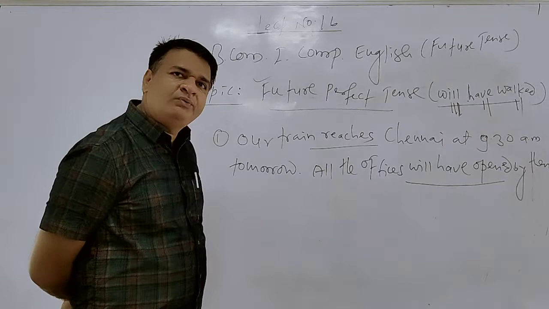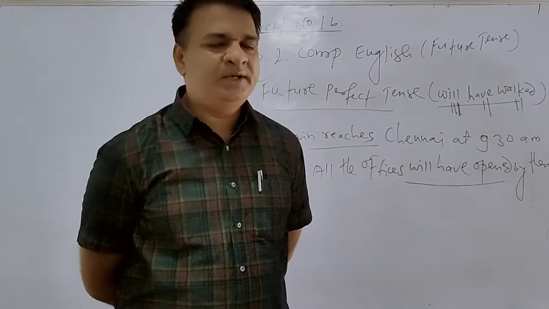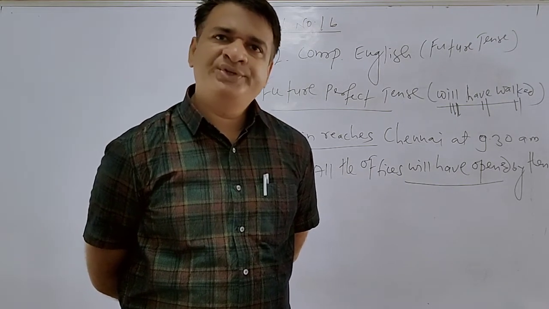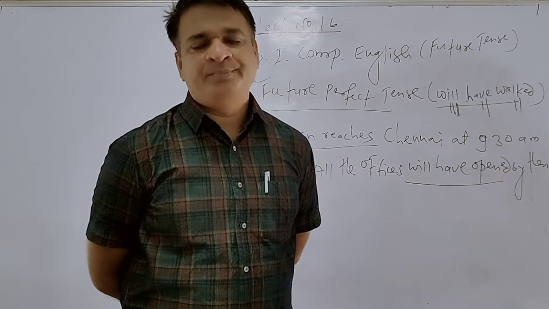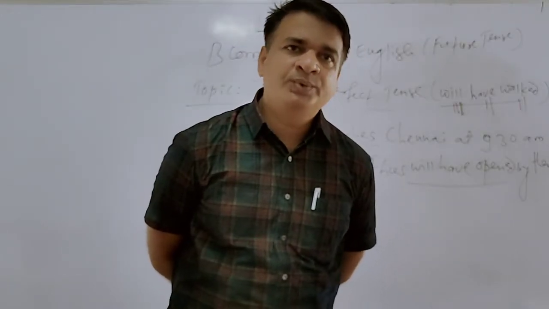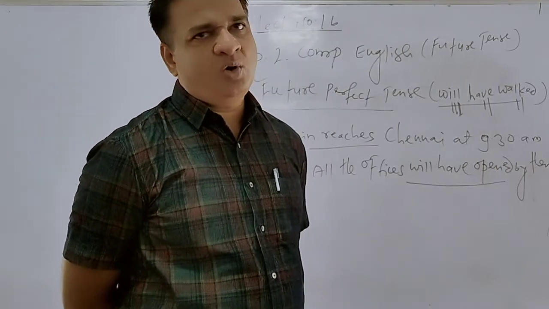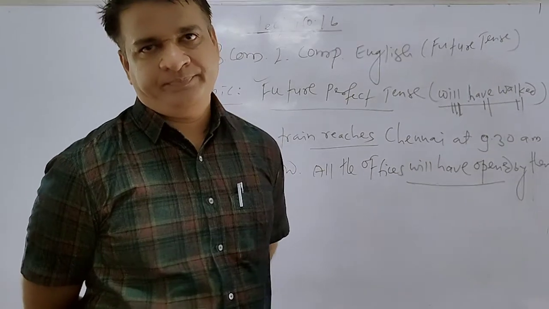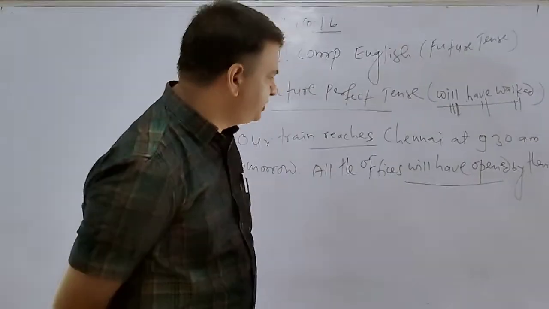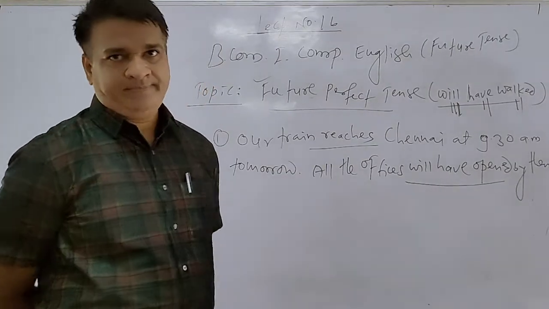So when we reach Delhi tomorrow at 9 a.m., we will simply say the office will have opened, the market will have opened. अपन जब चेन्नई को 9:30 बजे पहुंचेंगे उसी टाइम शहर के सब ऑफिसेस खुले होंगे. It means that future information, a future plan about one's official work, is discussed here.